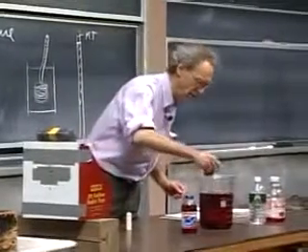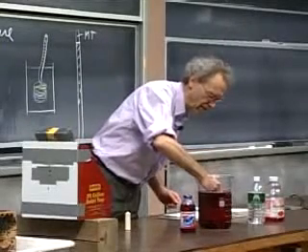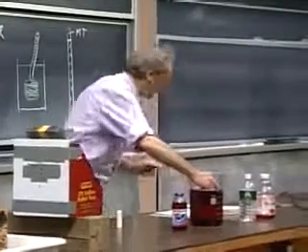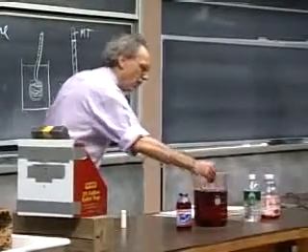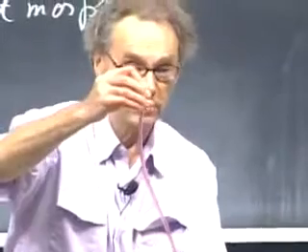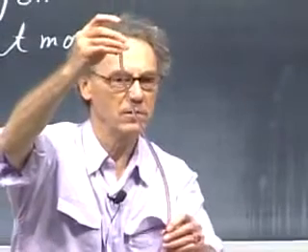But let me first convince you that if I let all this cranberry juice inside the tubing that I have, I put my finger on top of the tubing and I lift it out, notice that the cranberry juice stays there. It's not running down. It's only when I take my finger off the top, then it goes down.